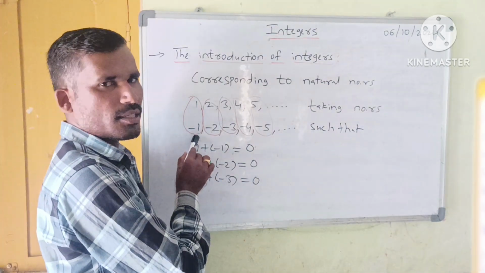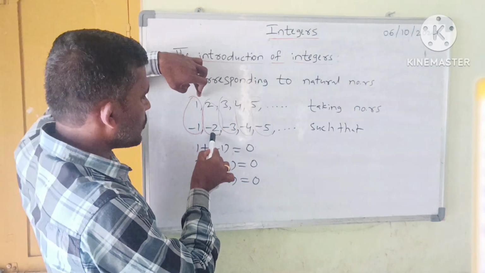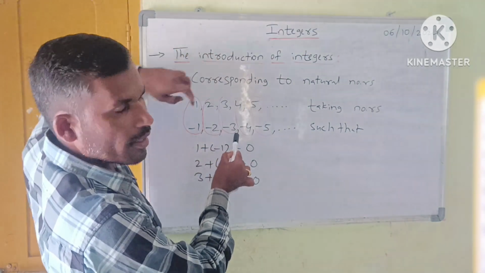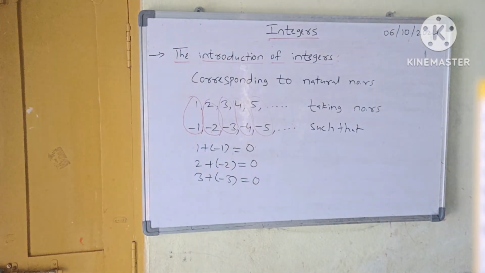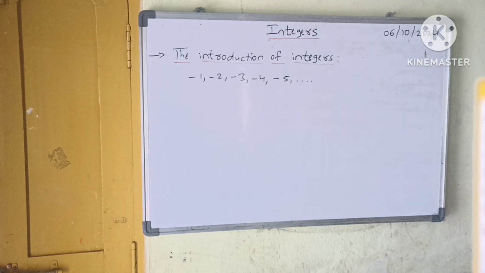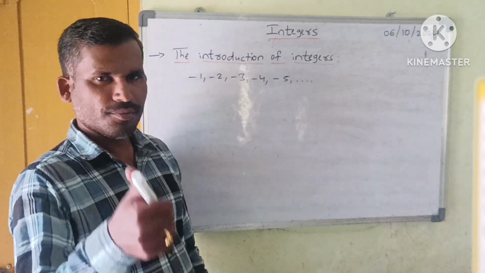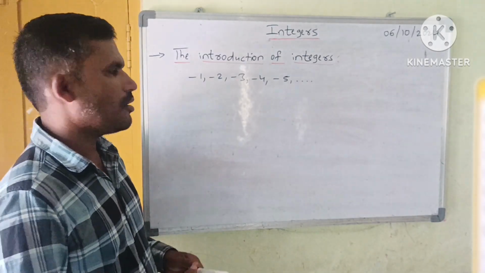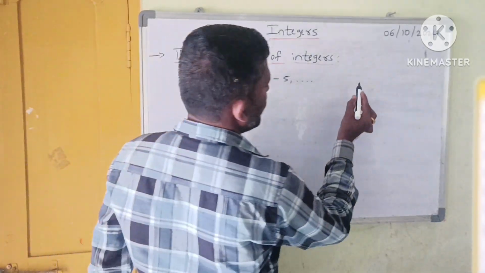This is pronounced as minus 1 or negative of 1, minus 2 or negative of 2, minus 3 or negative of 3. Now combining these negative numbers with whole numbers. What are the whole numbers?